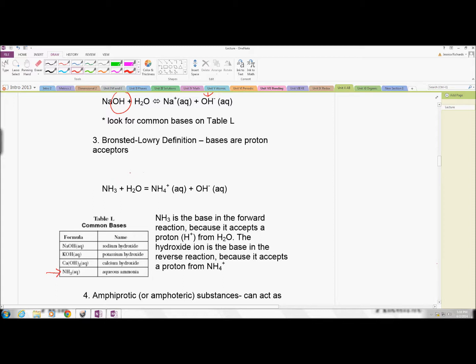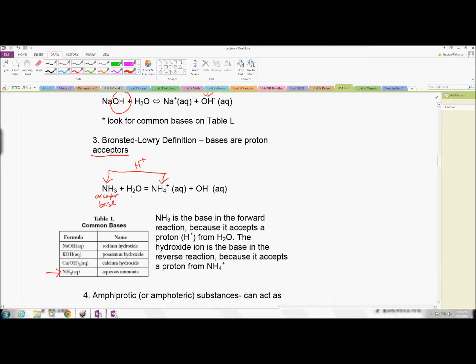So they had to come up with an alternate theory, and the alternate Bronsted-Lowry theory is that bases are proton acceptors. So if we look at the NH3, it's turning into NH4+. The difference is that it gained an H+. So NH3 to NH4+, gained an H+, so the NH3 is a proton acceptor, and a proton acceptor is a base.